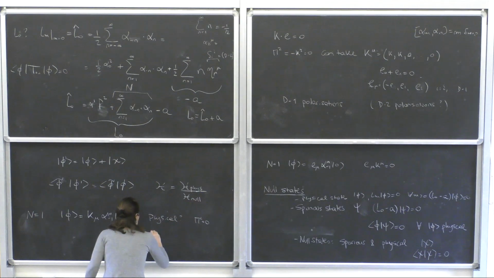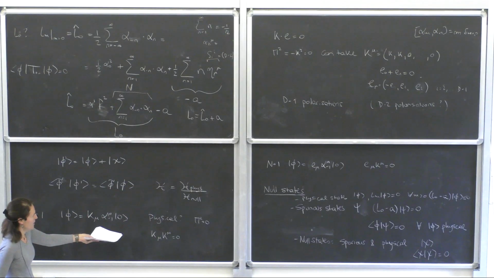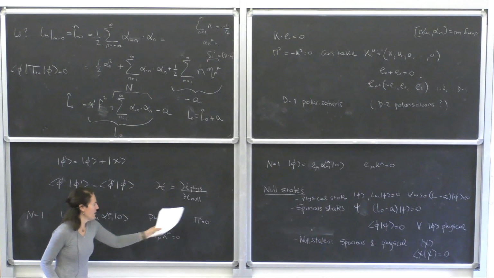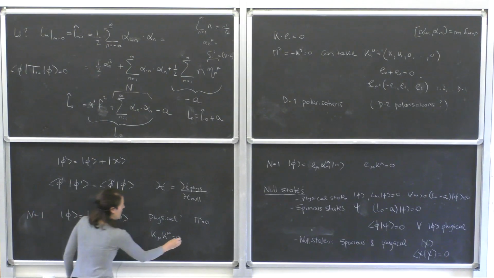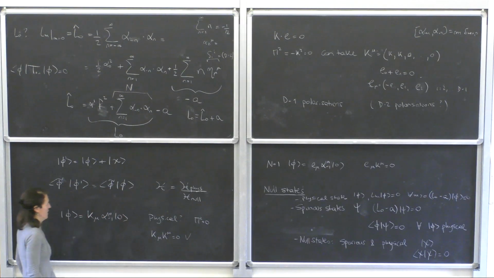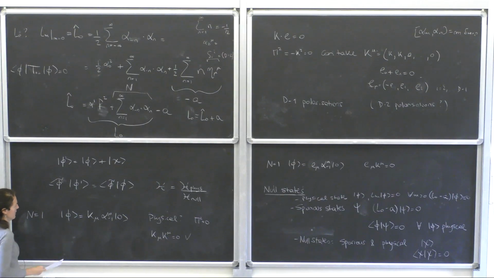So K mu should be 0. But this is true because it's a massless state. So K squared is equal to 0. So this is a physical state. And its norm is 0, right? Because K squared is equal to 0. So this is a null state.